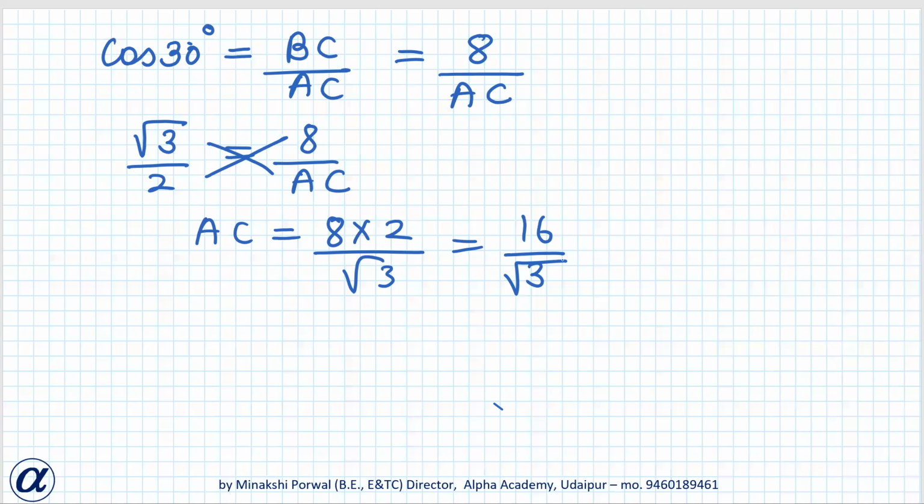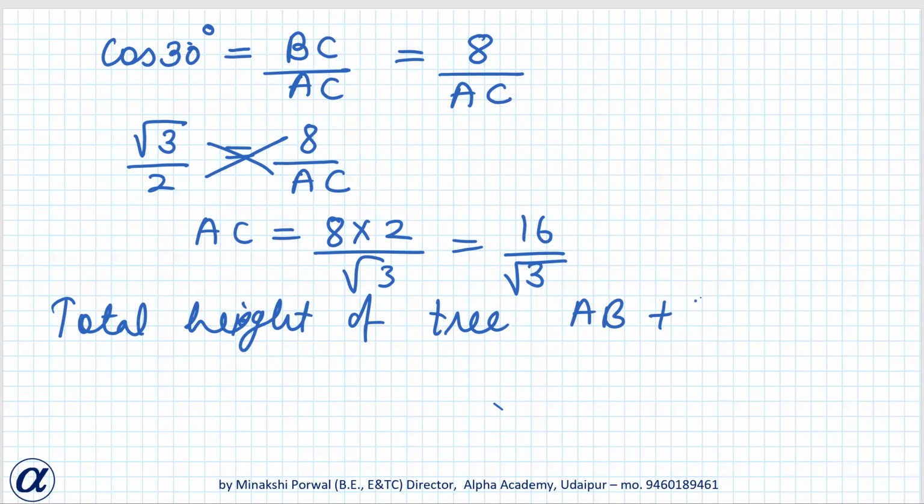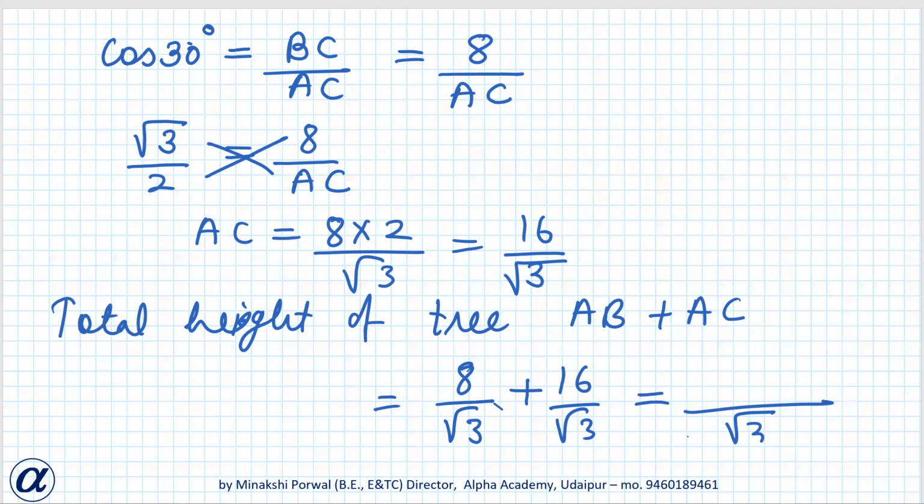Now we want to find total tree, total height of tree. That is AB plus AC. AB was 8 upon root 3 and AC was 16 upon root 3. Root 3 is common. 8 plus 16 is 24.